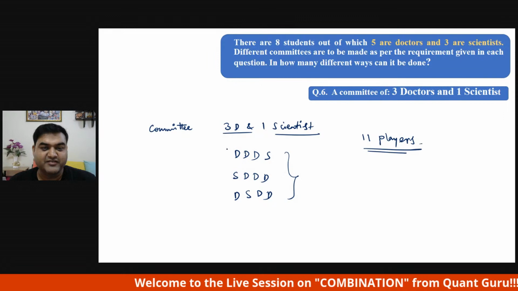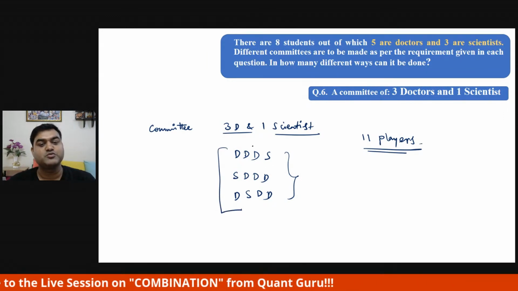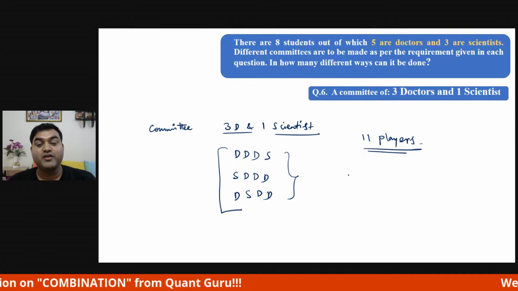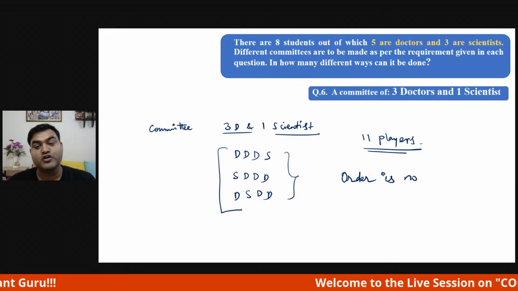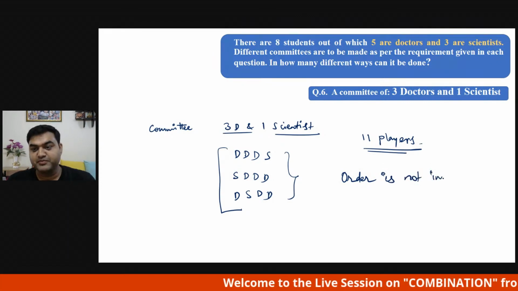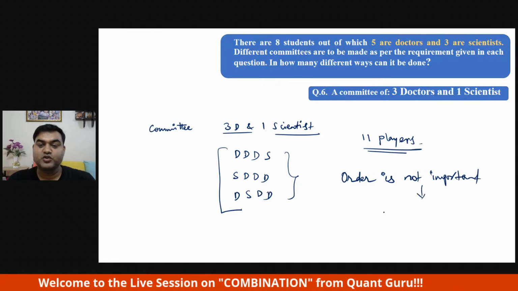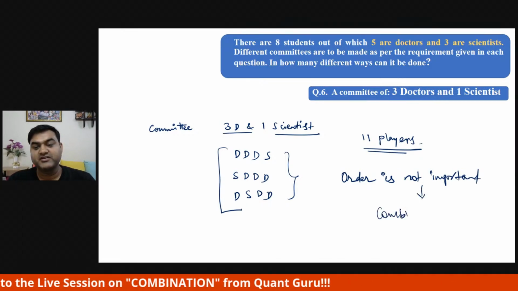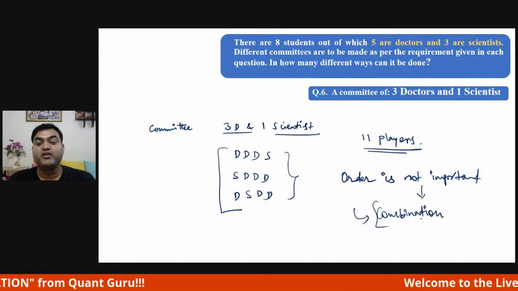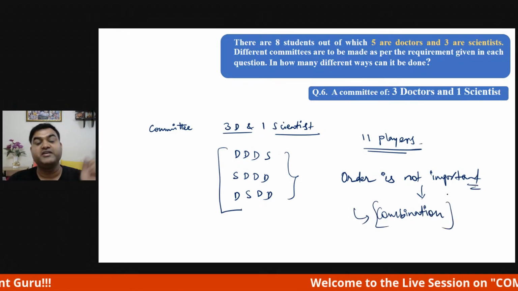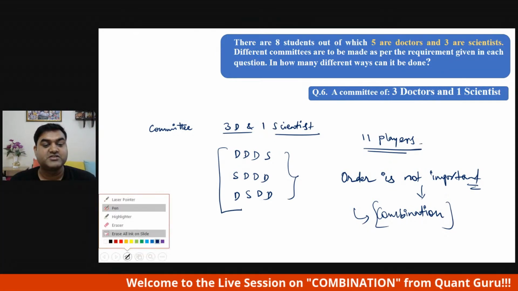That is why whenever we have to choose something, whenever a committee has to be formed, then when order is not important, that sum is from combination. But when order is important, it is permutation, which we have seen in the last session.